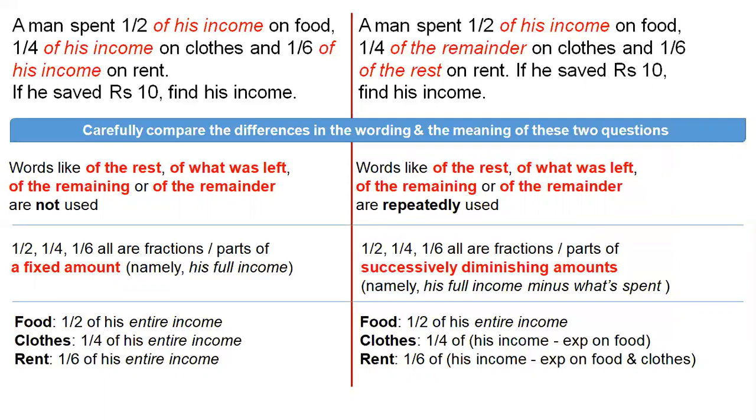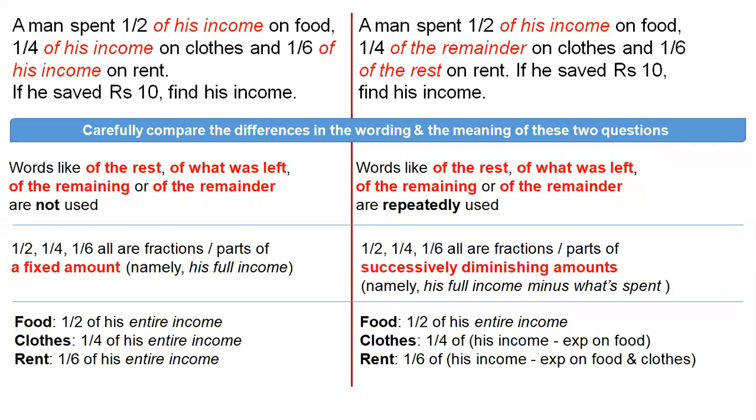All are fractions or parts of a fixed amount. 1/2 of his income, 1/4 of the same quantity, his income, 1/6 again of the same quantity of his income. On the right side, 1/2, 1/4, 1/6. They are fractions or parts of successively diminishing amounts, continuously decreasing amounts. At first we had 1/2 of his income, then 1/4 of the remainder, a smaller amount, and then 1/6 of the rest, a still smaller amount.